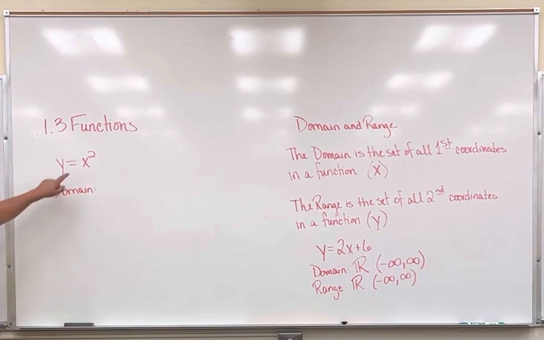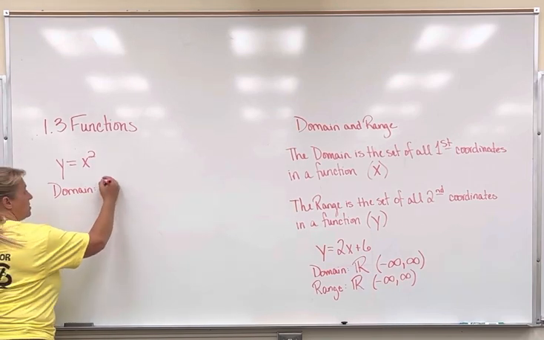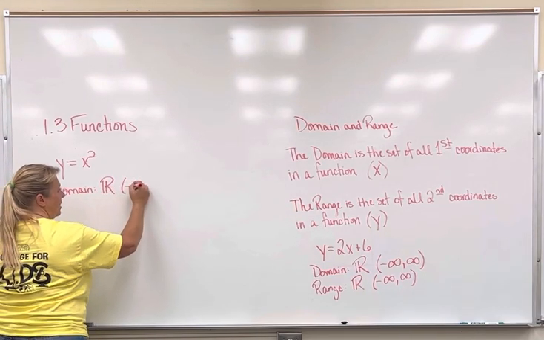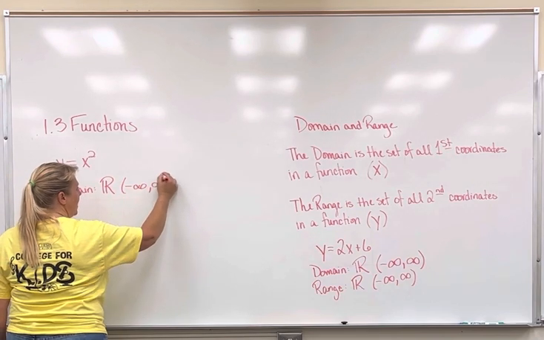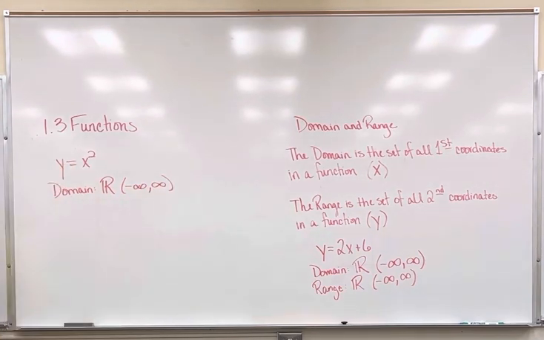And basically, we want to know what numbers can you stick in there and square them. And really, you can square any number, can't you? You can plug any number in there and square it. So this, again, is all real numbers. Okay, so that's looking like it's starting to be a trend here, okay, all real numbers.